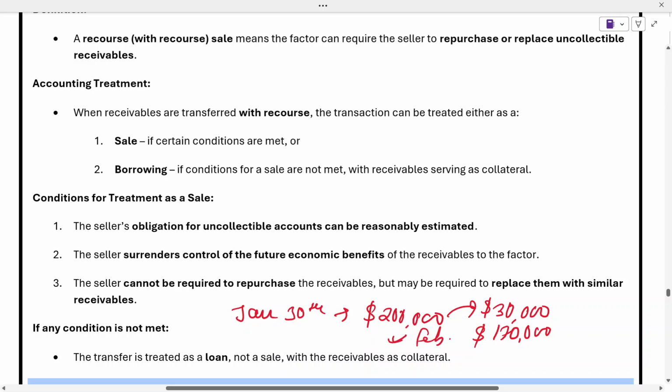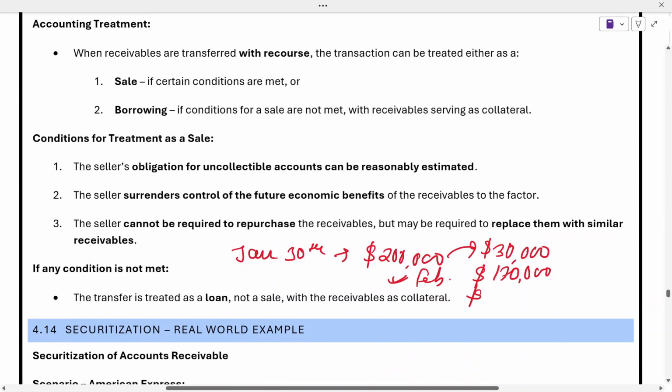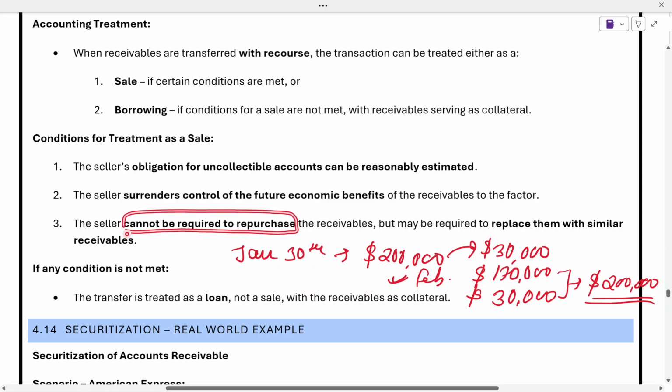But also in February they have made some new credit sales worth $30,000. So at the end of February, again the company has $200,000 worth of receivables. So the language here is that the seller cannot be required to repurchase.